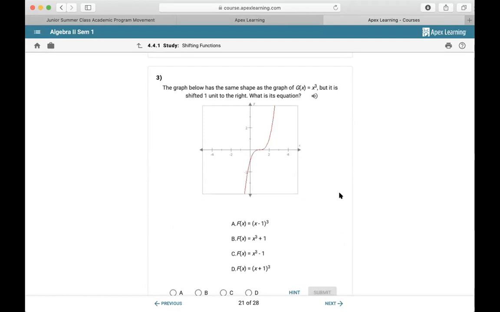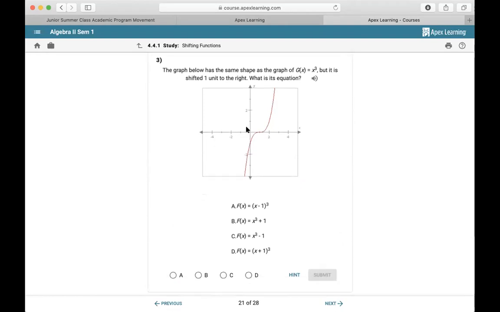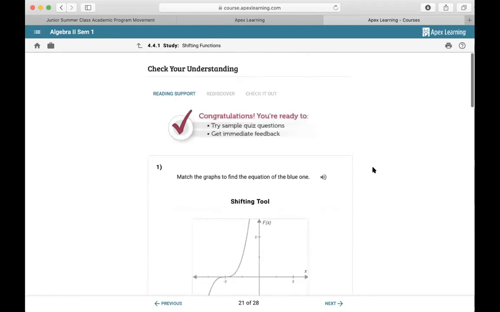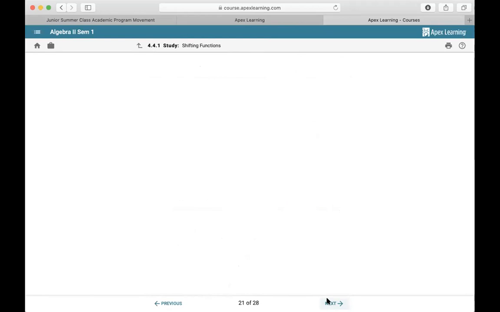And then knowing that this one has shifted to the right, it's no longer x cubed, it is now x minus 1 cubed. There's an entire quiz on just shifting functions horizontally.